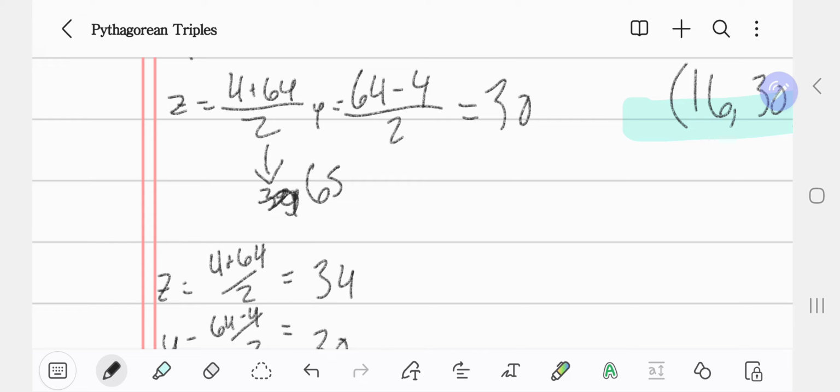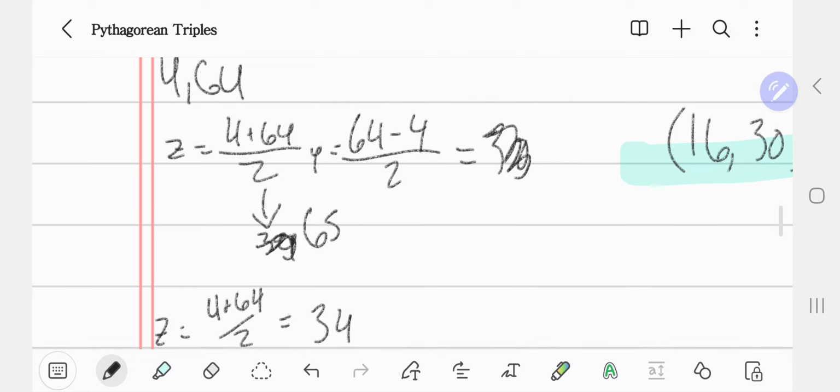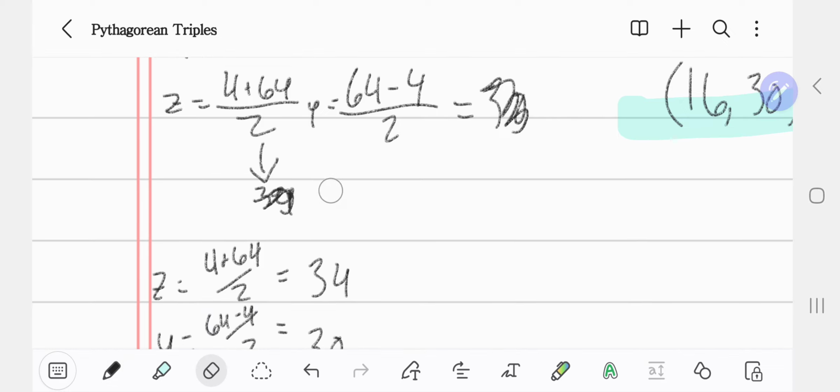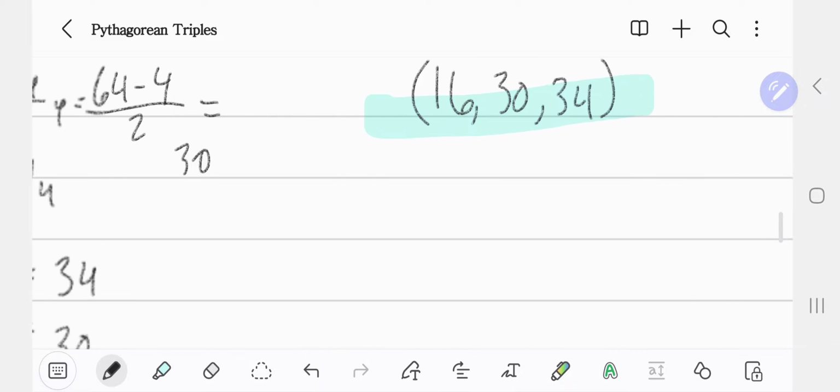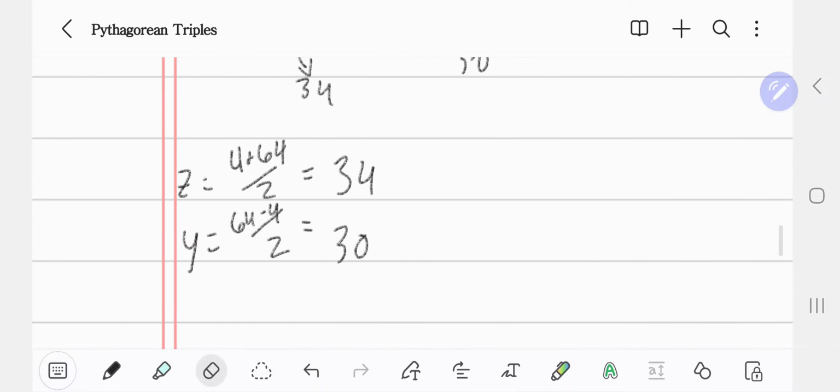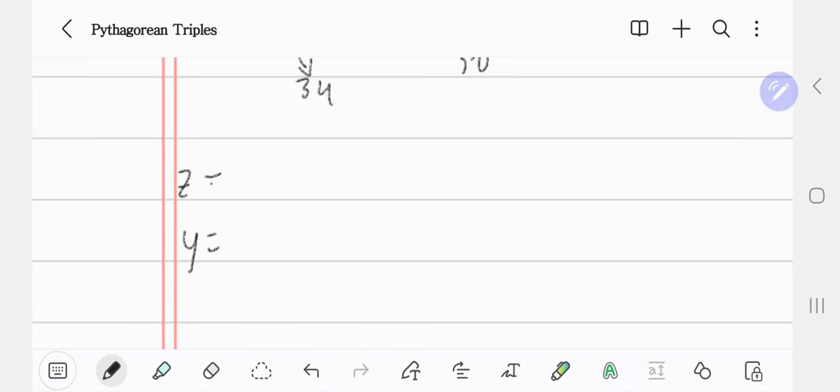Hold up, I was reading my notes wrong. So this one is 34 and 30. And this other one was 128 plus 2 over 2 and 128 minus 2 over 2.